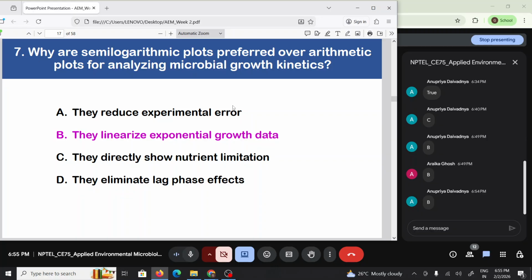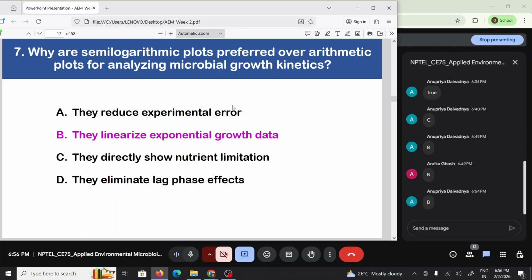Why are we linearizing? Because when we directly plot the exponential growth data in a graph sheet, you get a very steep curve because you're not doing any kind of transformation. It's difficult to interpret.